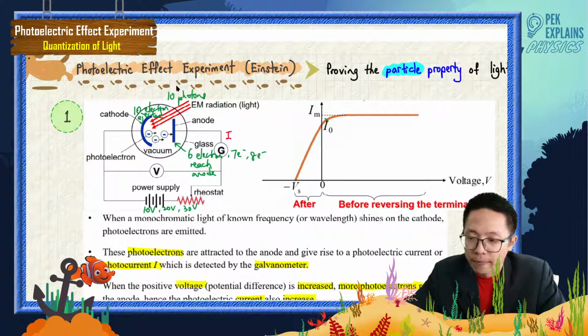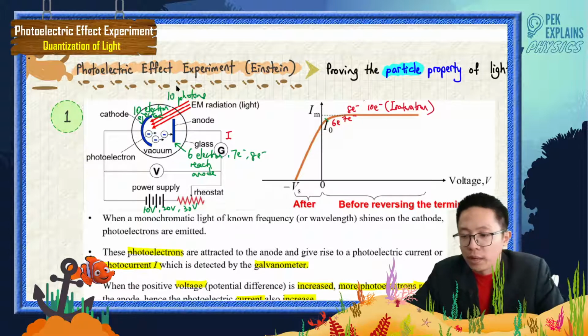So the current at first is with only 6 electrons, and then goes up to 7 electrons, and then up to 8 electrons. Finally, 10 electrons is the saturation current. That is the maximum already, isn't it?